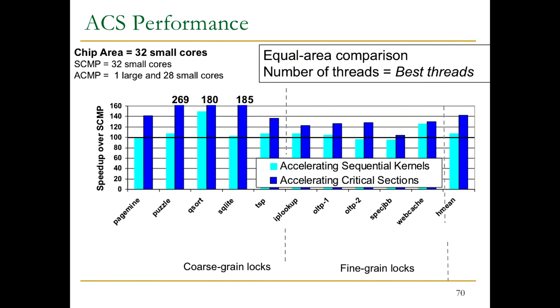Right? Now, if you accelerate critical sections, as we've discussed, you get a lot more performance, because it turns out these programs on the left over here use coarse-grained locks, meaning the programmer didn't spend a lot of effort to optimize these programs. They basically said, well, one way of parallelizing a program is when you start a thread, you take the lock. And then when you end the thread, you release the lock.